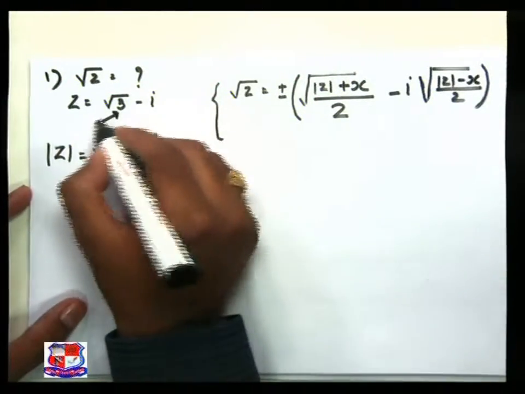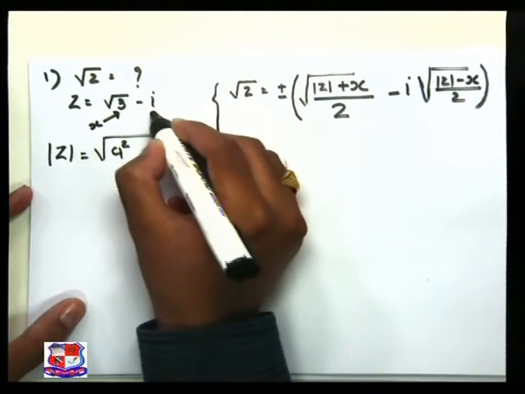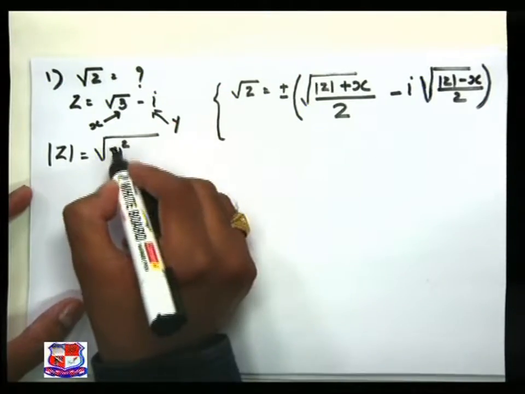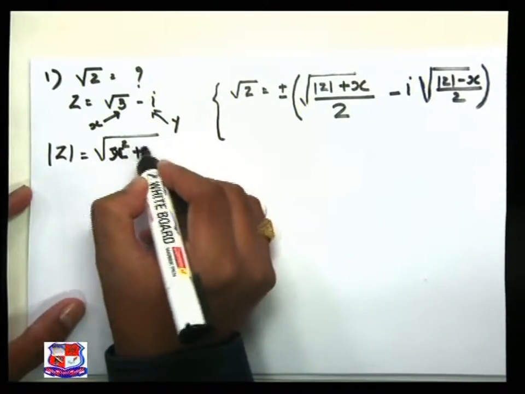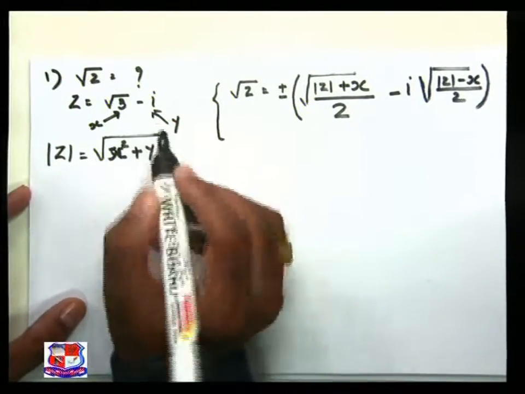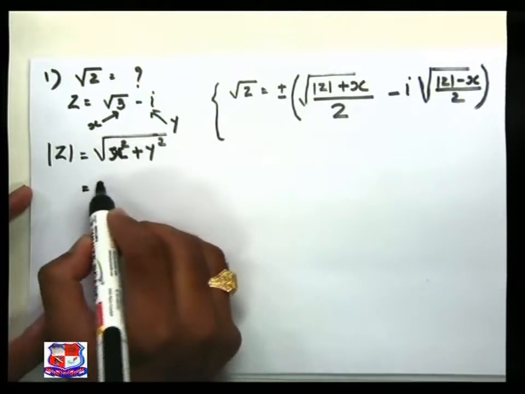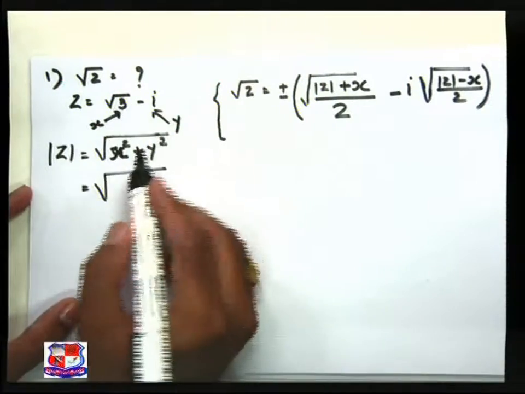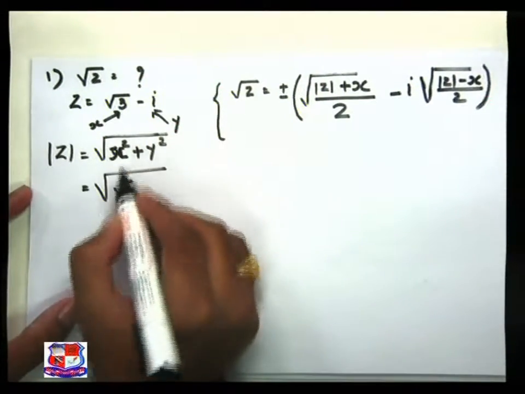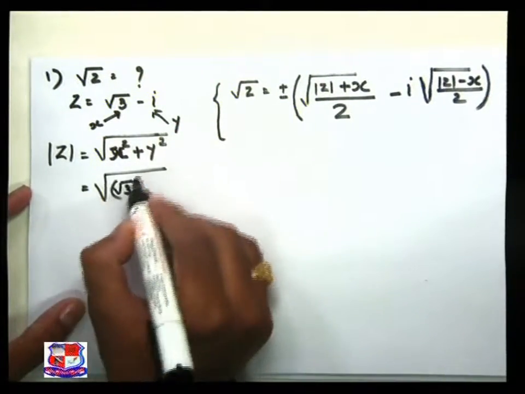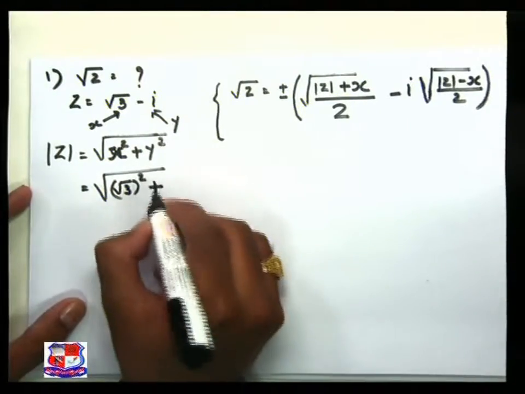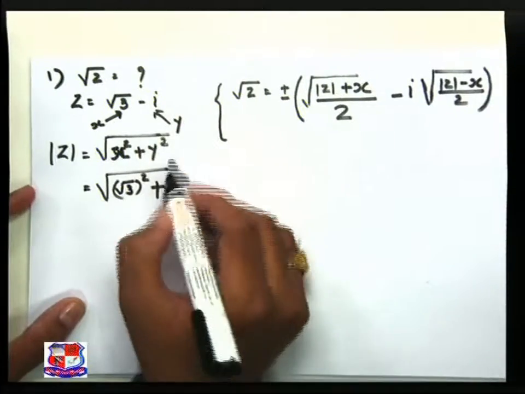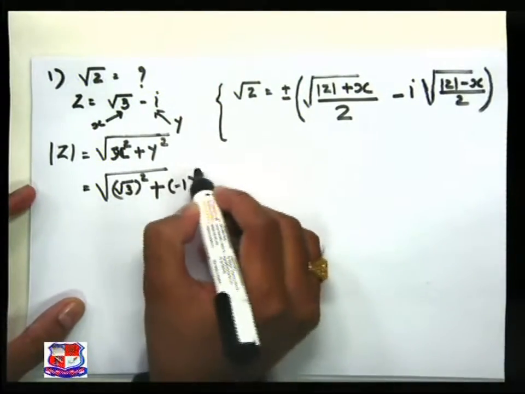Here is our value, that is x, and here the value is y, then x square plus y square is equal to under root 3 square, replace x value here, plus y square, y value that is minus 1, so minus 1 square.